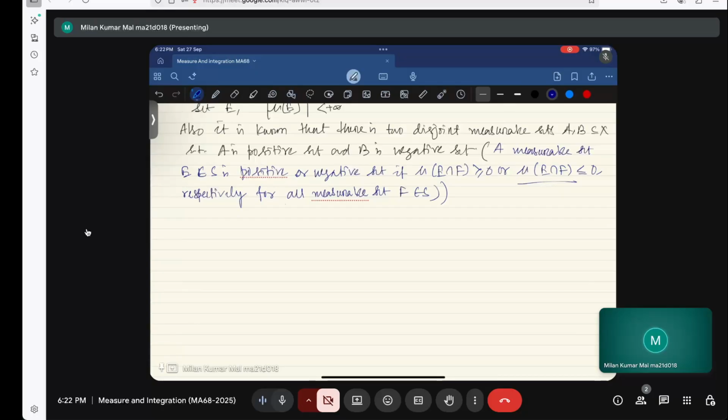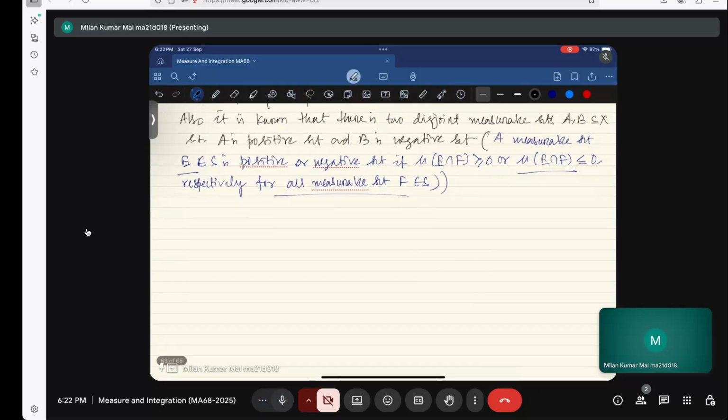This should happen for all measurable sets. Then E is said to be positive or negative accordingly. So with this definition there exists a positive set and a negative set, such that A is a positive set and B is a negative set, and their union A union B equals X.